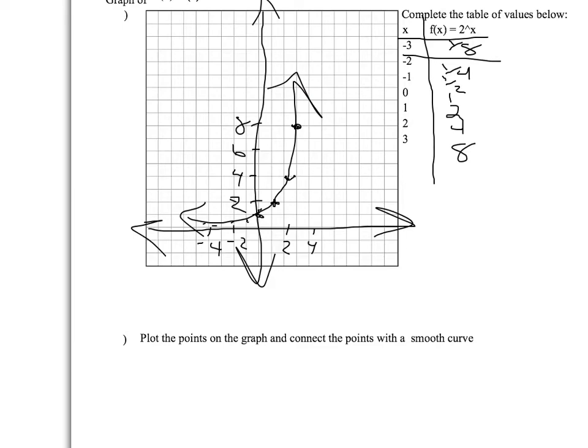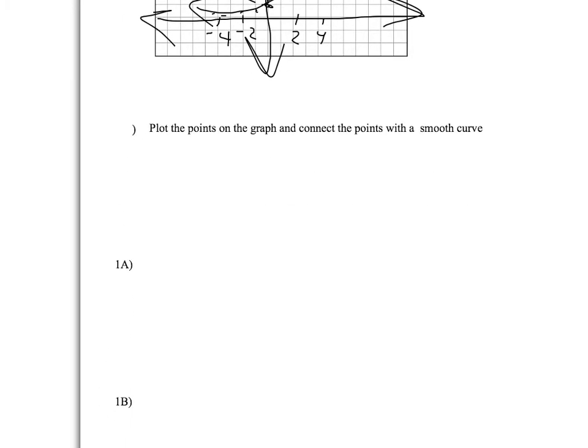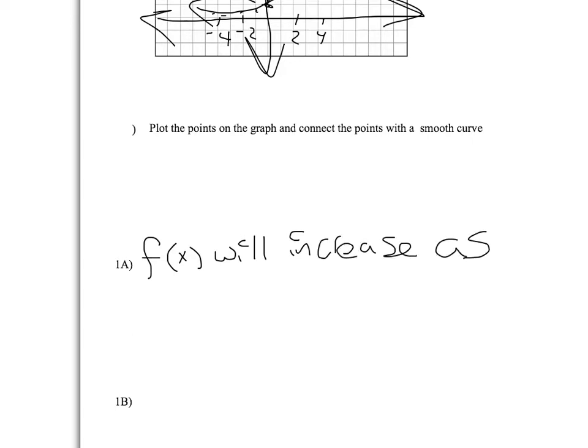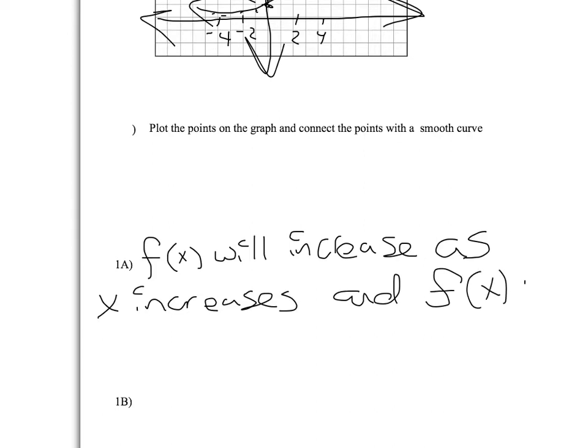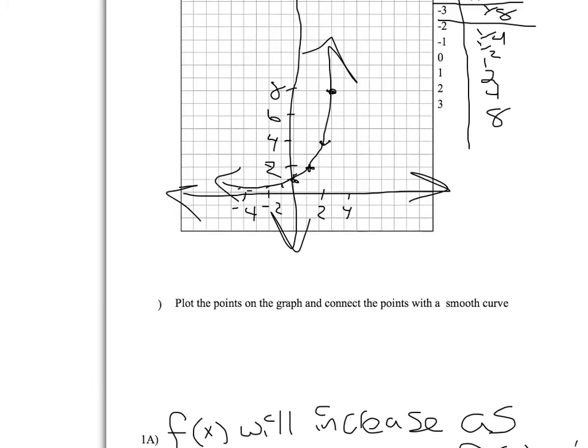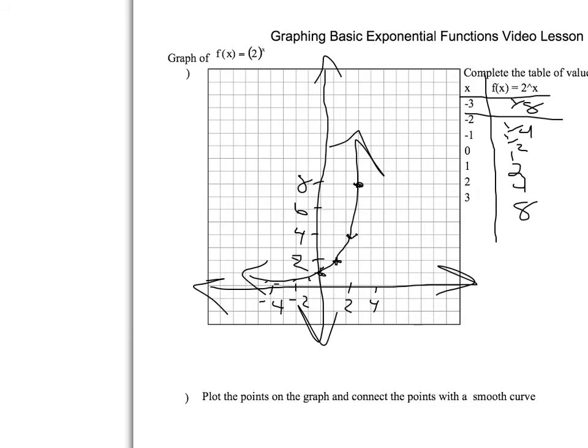So we're going to say f of x will increase as x increases, and f of x will, let's go back and see what happens as x decreases without bound.